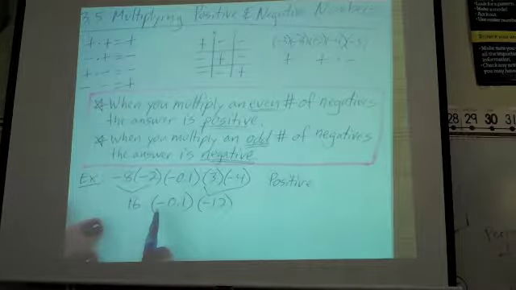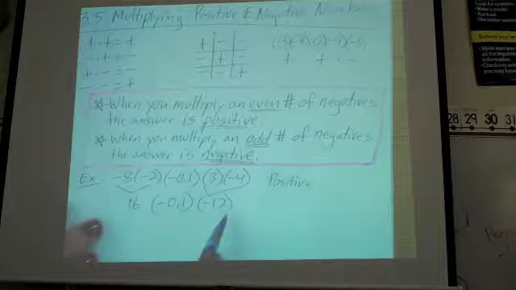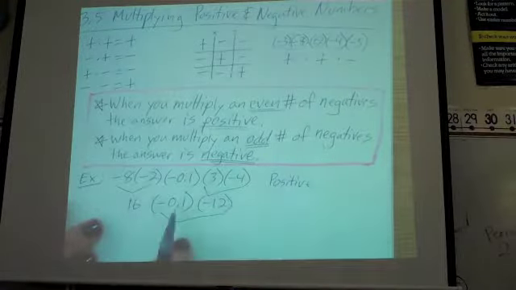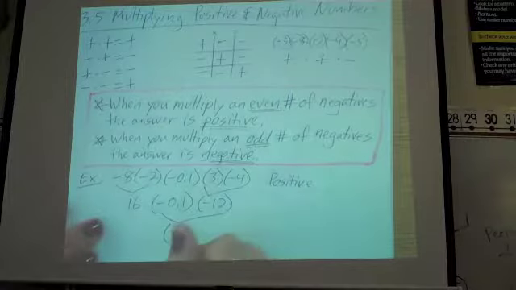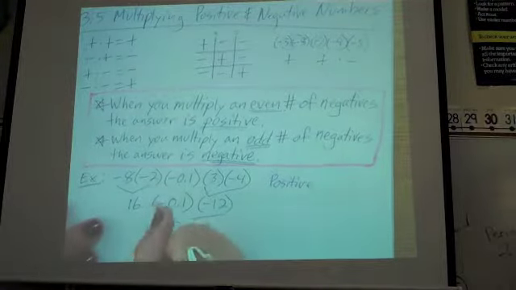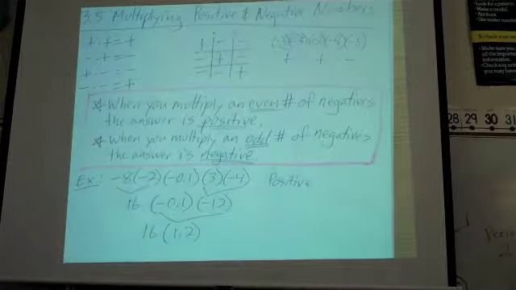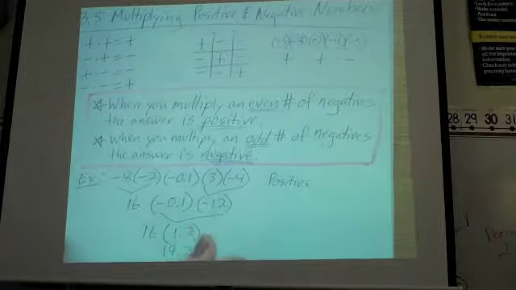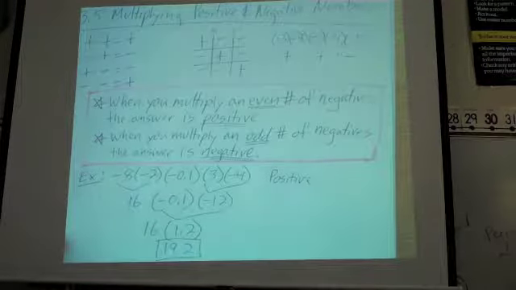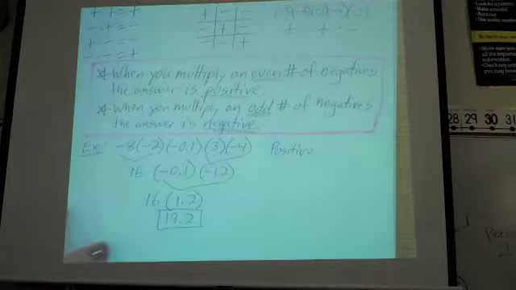I'm going to do the negative 1/10 times negative 12. Negative times a negative is a positive. And then 1/10 times 12 is 1.2. And so 16 times 1.2 is 19.2. How did I multiply that? Well, I'm magical. I already have the answer.